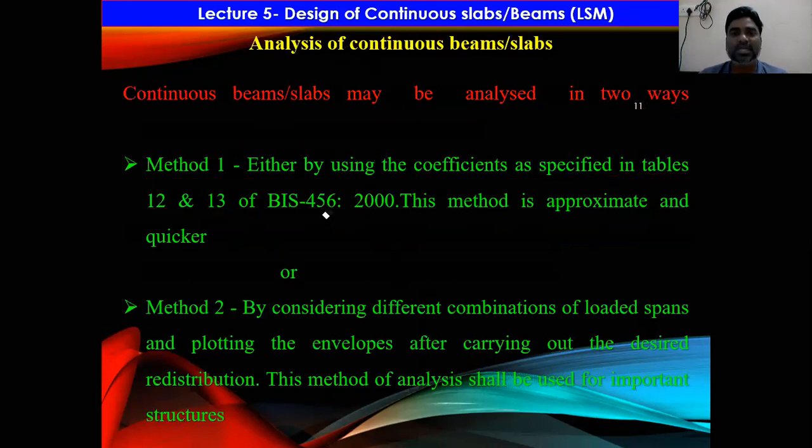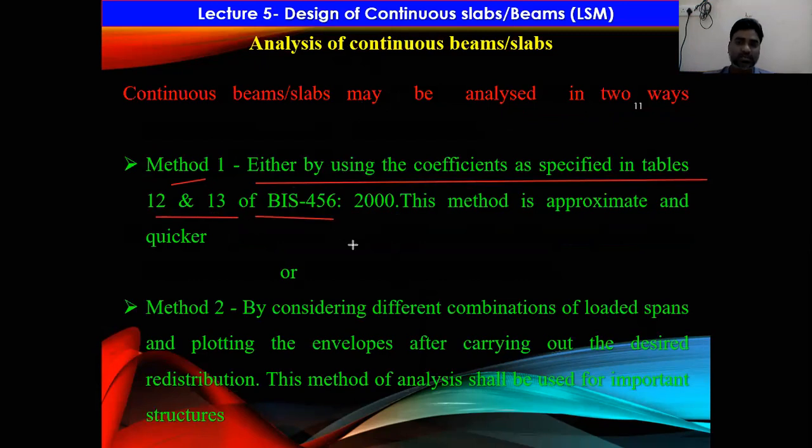Now coming to the analysis of continuous beams. Continuous beams may be analyzed in two ways, that means two methods. The first method is by using the coefficients as specified in Tables 12 and 13 as per IS 456-2000, and this method is approximate and quicker, right?